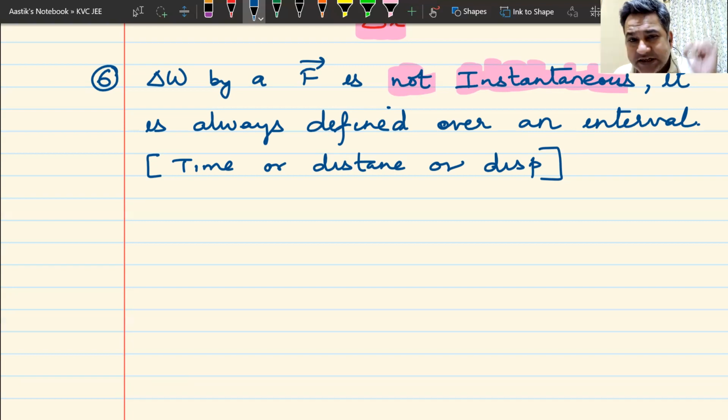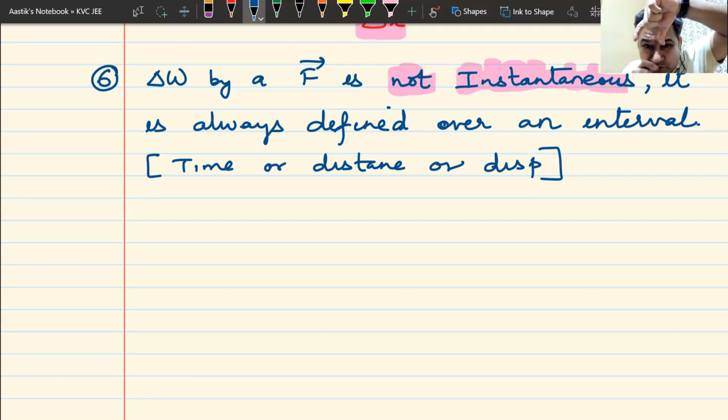We have instantaneous speed at any particular instant, velocity at any particular instant, acceleration at any particular instant. They are defined instantaneously. Power is defined instantaneously. But work done cannot be defined at any instant. Work done is not instantaneous. It's always defined over an interval of time.